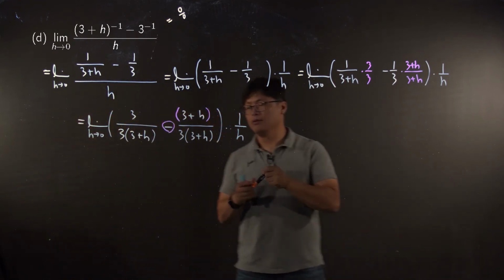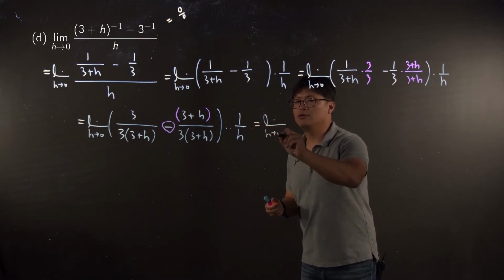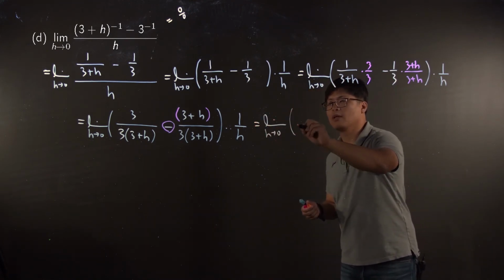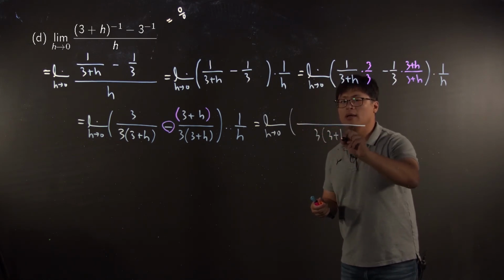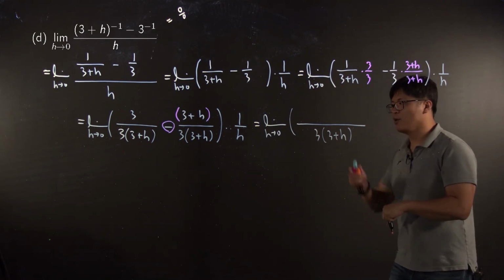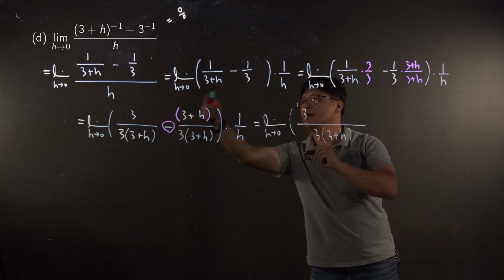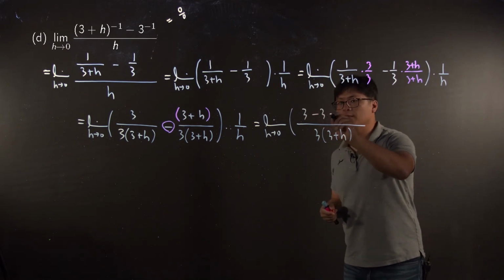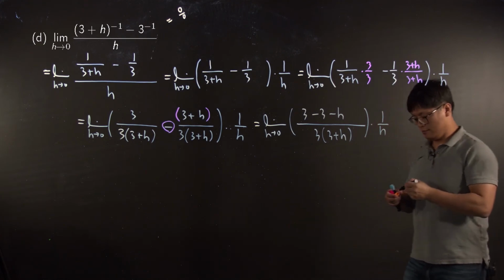So here we go. Equal to limit h goes to 0. Now the big denominator. Since it is a common denominator, we can combine your numerator, okay? 3, again, this negative must be distributed, okay? That is important. We are here now, okay?